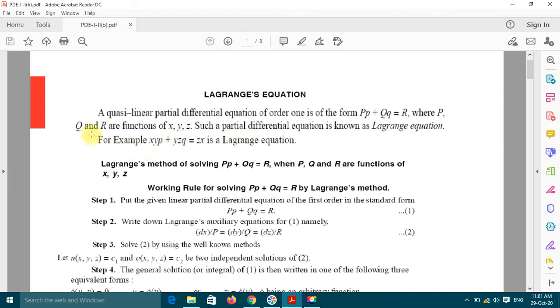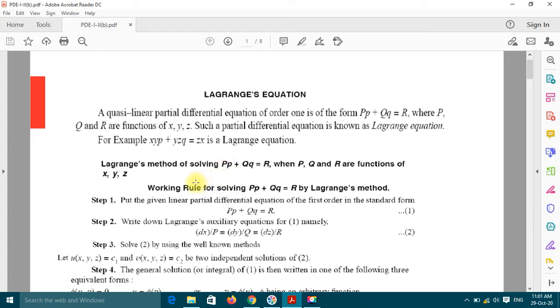This is an example of a partial differential equation, Lagrange's equation: xyp plus yzq is equal to zx. Now we are trying to find the solution of this type of differential equation.